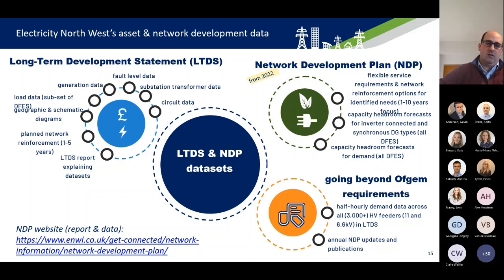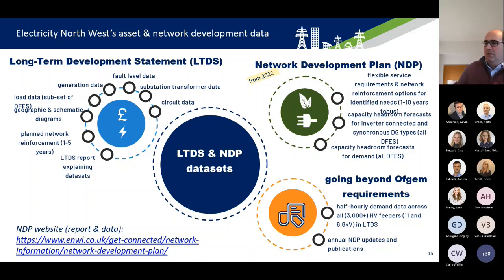We talk about more than 3,000 HV feeders at 11 and 6.6 kilovolts. We also publish data on demand and capacity headroom across secondary substations. So we have over 35,000 secondary substations. So it's really a lot of data around network assets that cover the whole of our EHV to LV network.